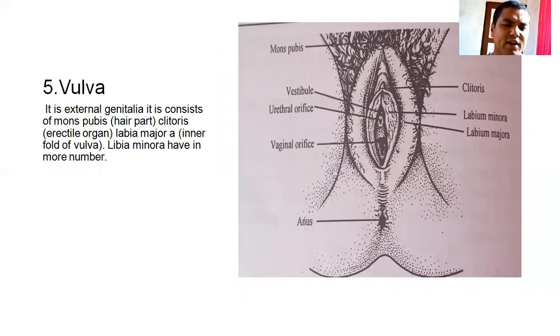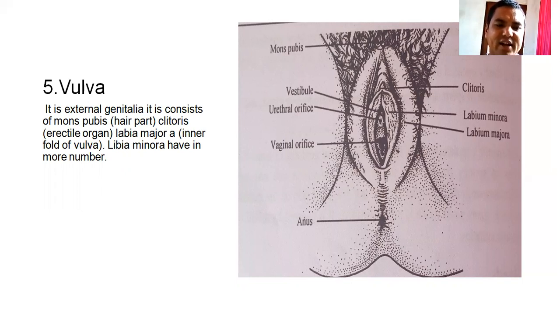Now the vulva. The vulva is the external genital. It consists of the mons pubis, or the hairy part, which you can see around the vulva, and the clitoris, an erectile organ. It is the erectile organ in the female, like the penis erection in the male. Here also erection occurs in the clitoris.